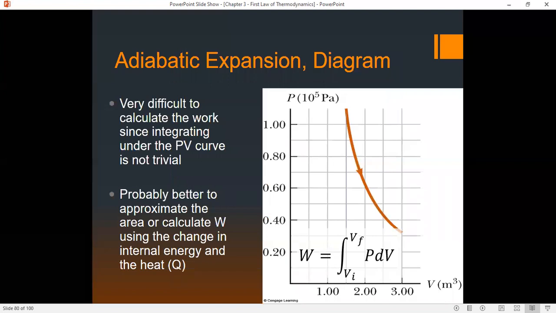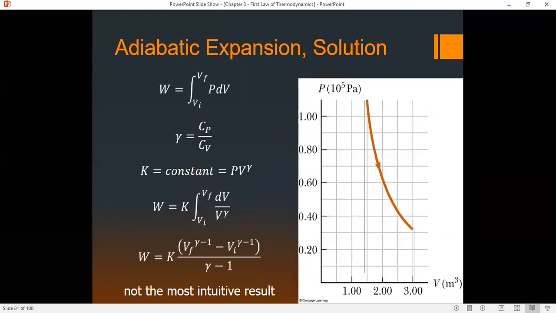It's really difficult to figure out the area underneath an adiabat. We weren't able to do it with our isotherm, but under an adiabat, I'll be honest with you, I sort of just copied this. This is really beyond even my ability to do calculus.